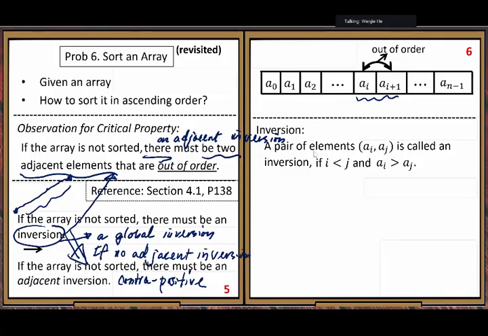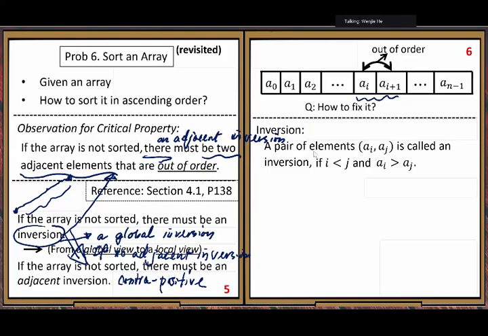Next, we will solve this problem. We need to sort. Let's do the implementation. When we do the sorting, think about the work we are going to do.